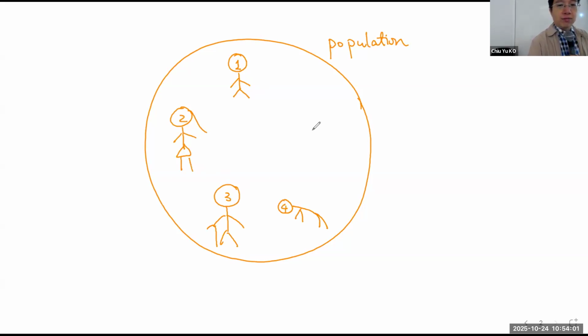And maybe we have a dino, number 5. So it depends on who you draw. And maybe, since it's Halloween, let's have a ghost, number 6. Depending on what you draw, right?